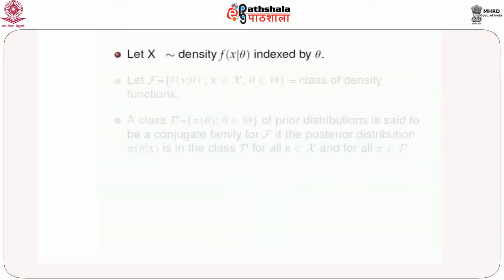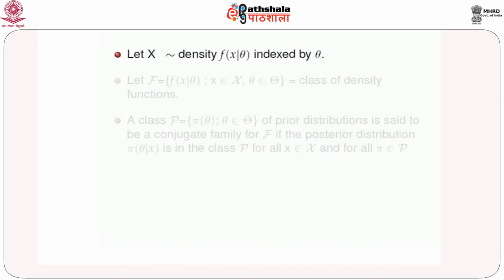We will look through an example how we actually draw samples from the posterior distribution or the posterior predictive distribution using R. First, we look at the definition of the conjugate priors.